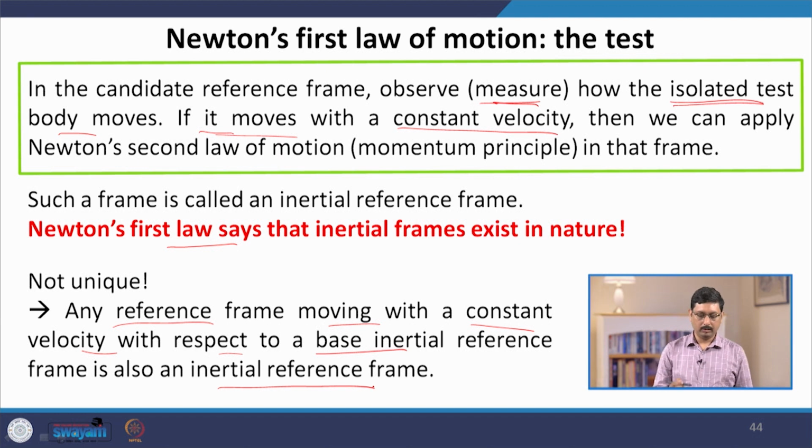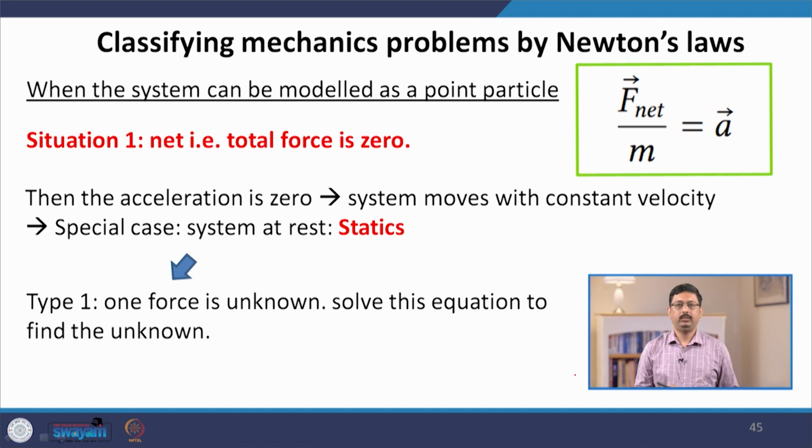This is called the principle of relativity. So, now we have introduced and discussed the physical meaning and content of Newton's laws of motion.